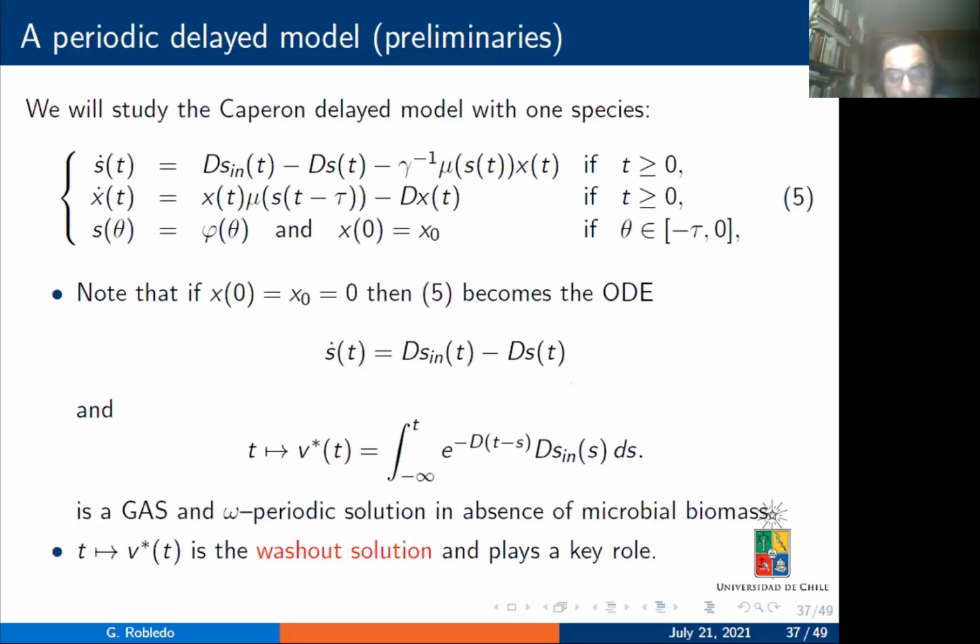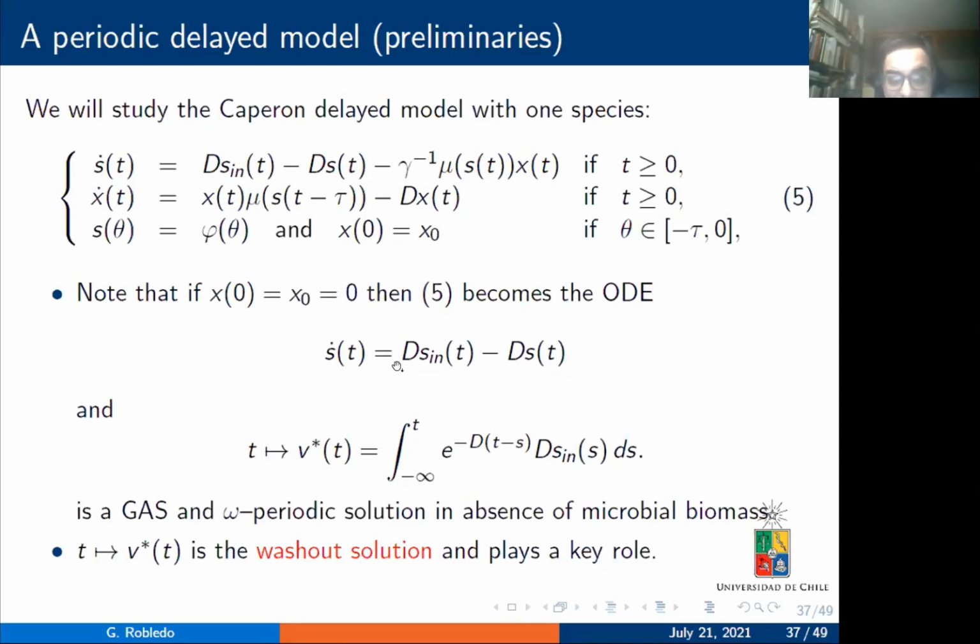In order to show our main result, we will consider the particular but important case where this initial condition is equal to 0. In this case, this system becomes this ordinary differential equation, and we can verify that this function, b star, is a solution of this equation.